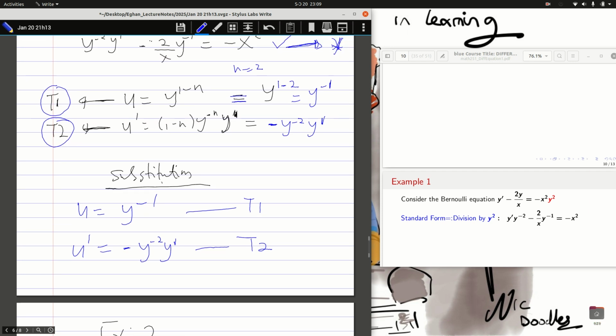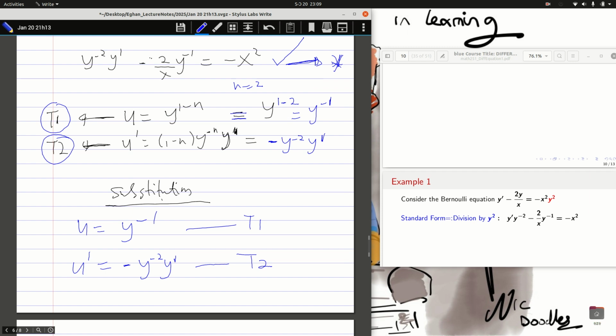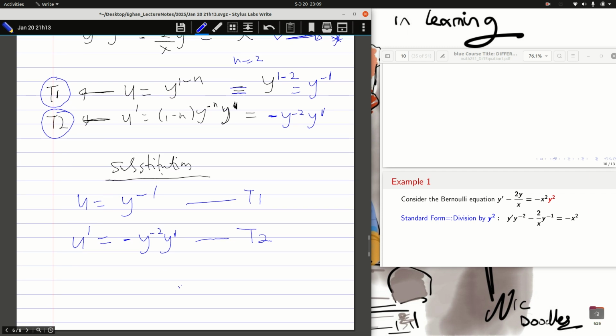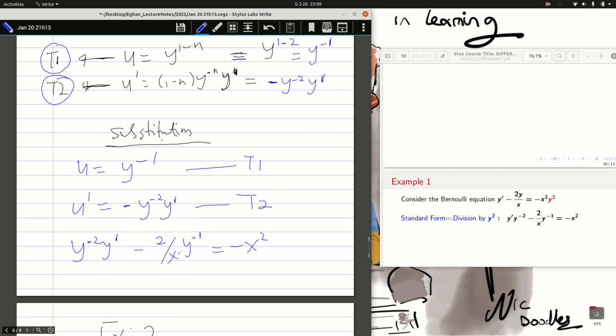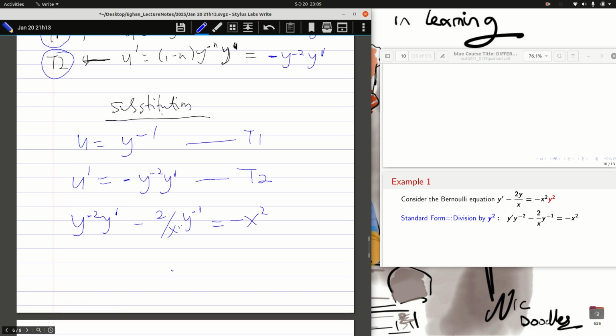Okay, and let's see if I do the substitution, do I get it in a linear form? Let's continue. You realize that I have, let me rewrite the whole, negative y to the negative 2 y prime minus 2 on x y to the negative 1 is equal to negative x squared. We are doing the substitution together. Look at this guy. What do you see? It is equal to u prime.